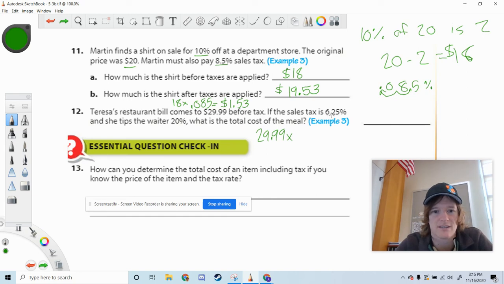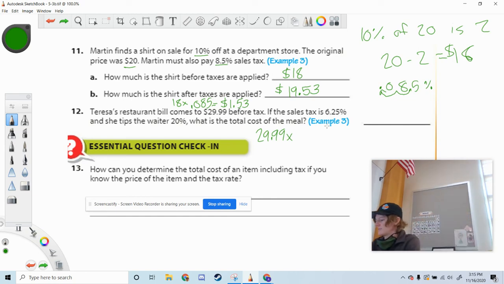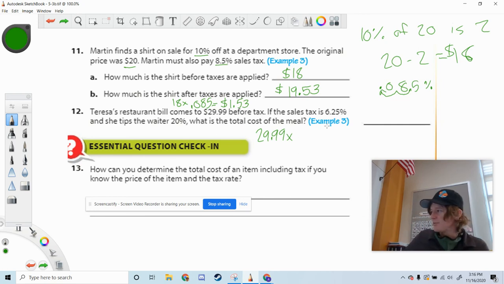Actually, sales tax is 6.25. Let's see which one goes first. Tax or tip? All right. Tipping pre-tax is absolutely fine. So we're going to figure out the tip first, and then we'll add the tax.